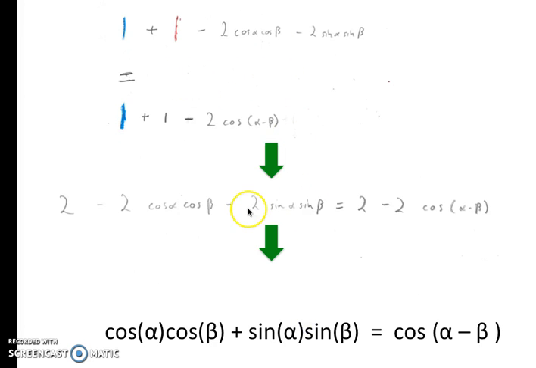So here I am showing those 2 steps again, and then canceling the 2's out and dividing both sides by negative 2. So when I do that, this becomes a positive sign, right? Because negative 2 times this stuff, divided by negative 2, turns this into positive sine alpha times sine beta. So this equation turns into this equation, and this is our identity.